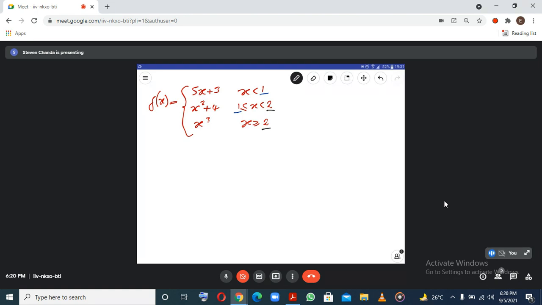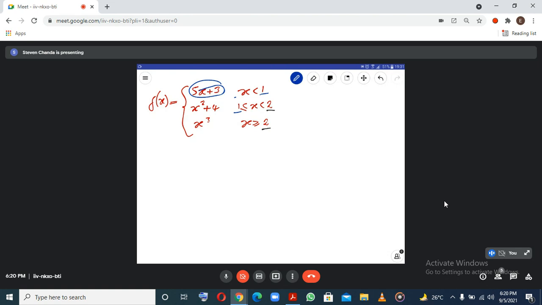So it becomes very important to assess the value of this function and the value of that function when x is 1. This is the equation the function has when x is less than 1. Then this one is when x is greater than or equal to 1 but less than 2.